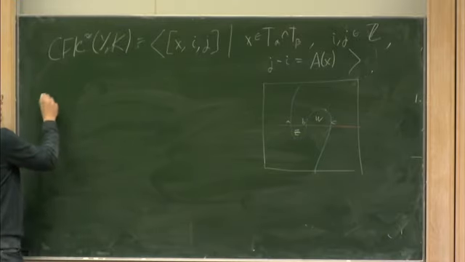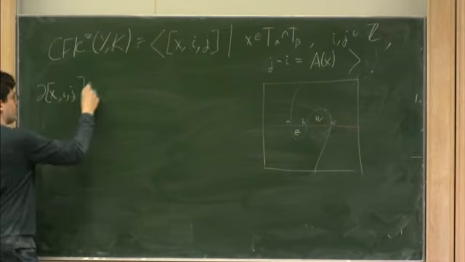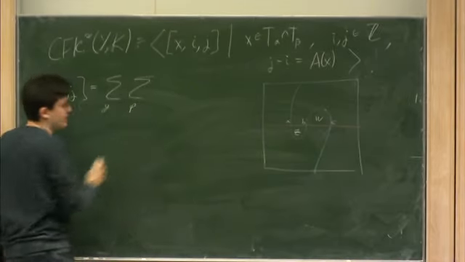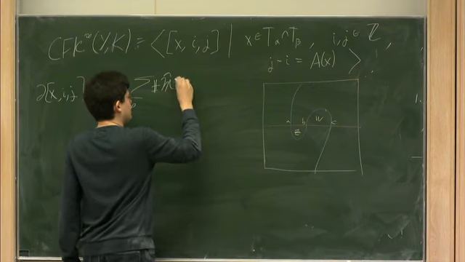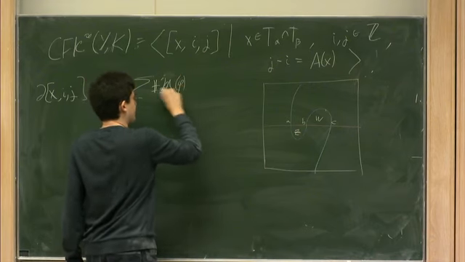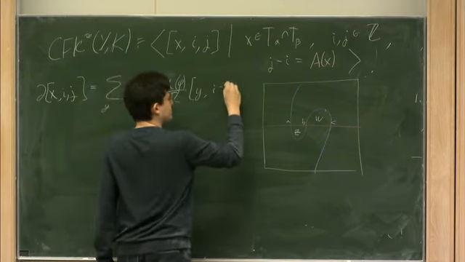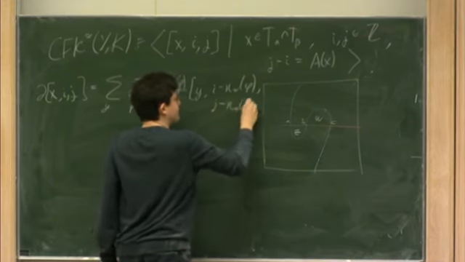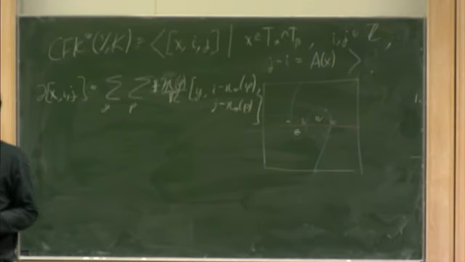Okay, so I'm going to think about this chain complex in the following way. The differential I want to put on here, I'm going to sum over y, summing over phi, in the usual way, count the moduli space of phi. And now the two variables, i and j, are going to record the multiplicities of the disk at z and w.